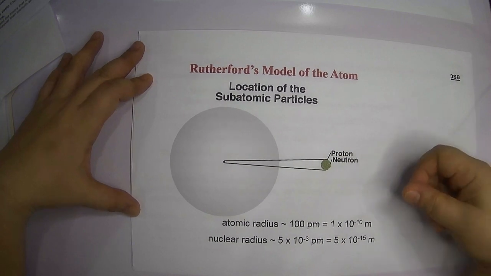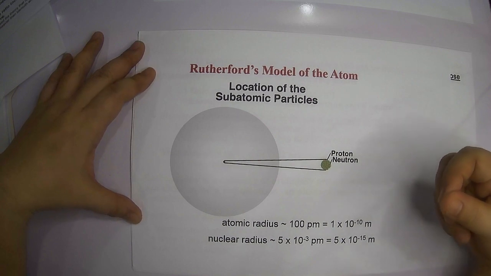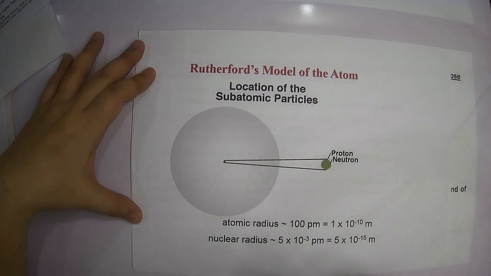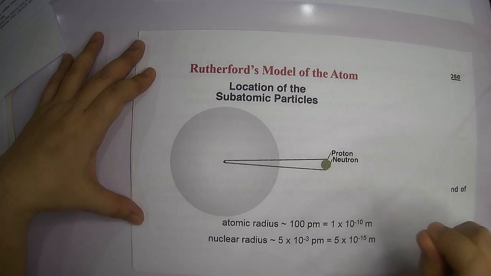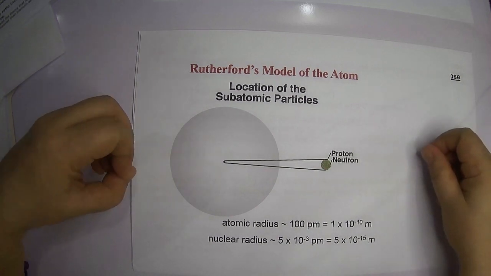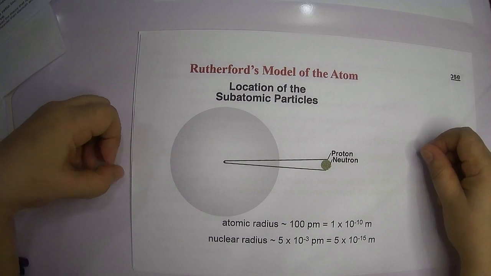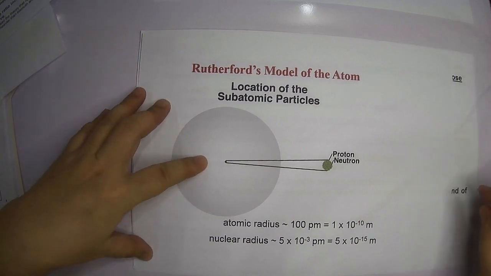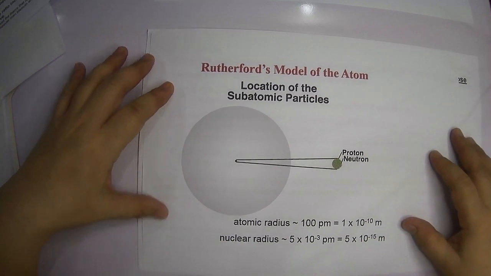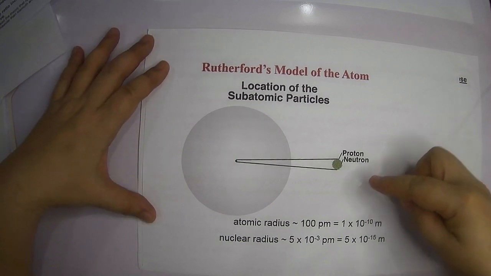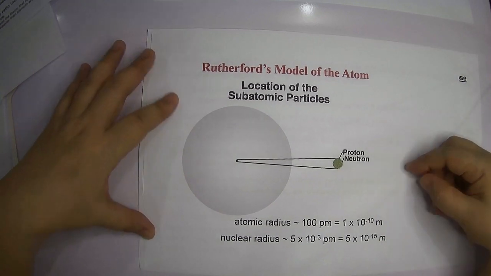He concluded that the atom is mostly empty space, and in the center is what is called the nucleus, where the mass of the atom is concentrated. So let us recall the concept of that.